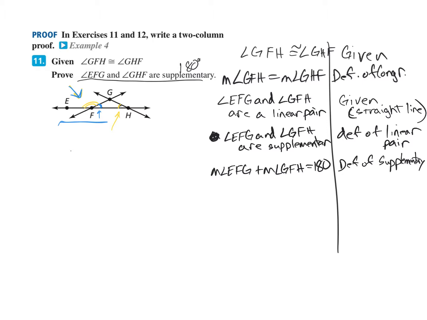All right, so now that we have their measurements equal to 180, and we know that GFH is equal to GHF, we can now say the measure of angle EFG plus the measure of, we're going to substitute here, angle GHF, because they're the same, that's going to equal 180.